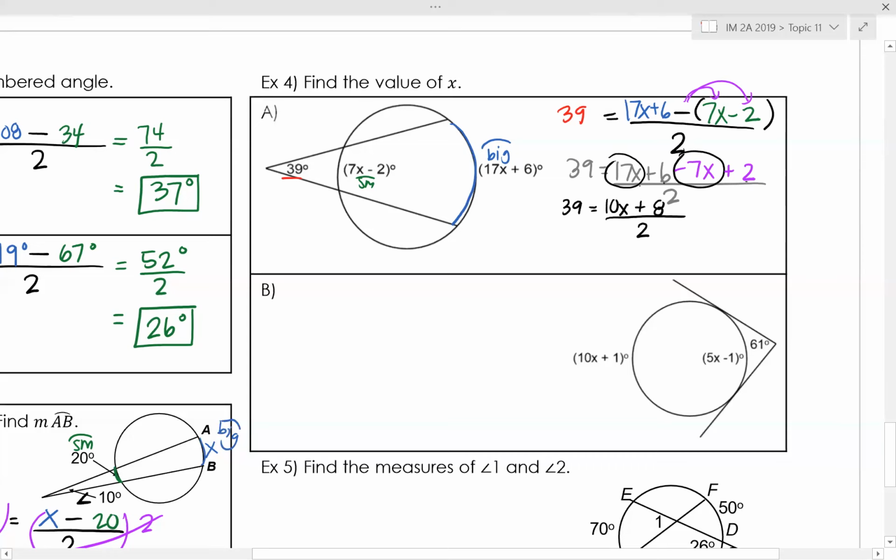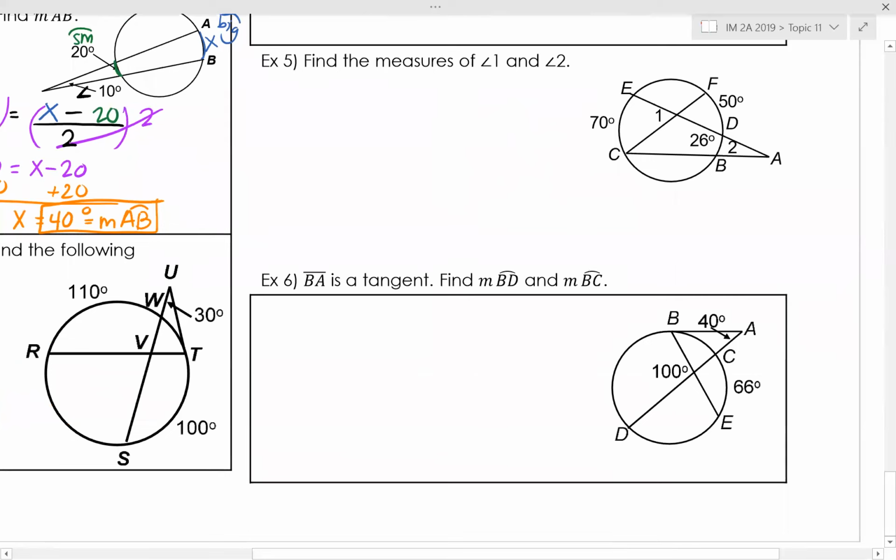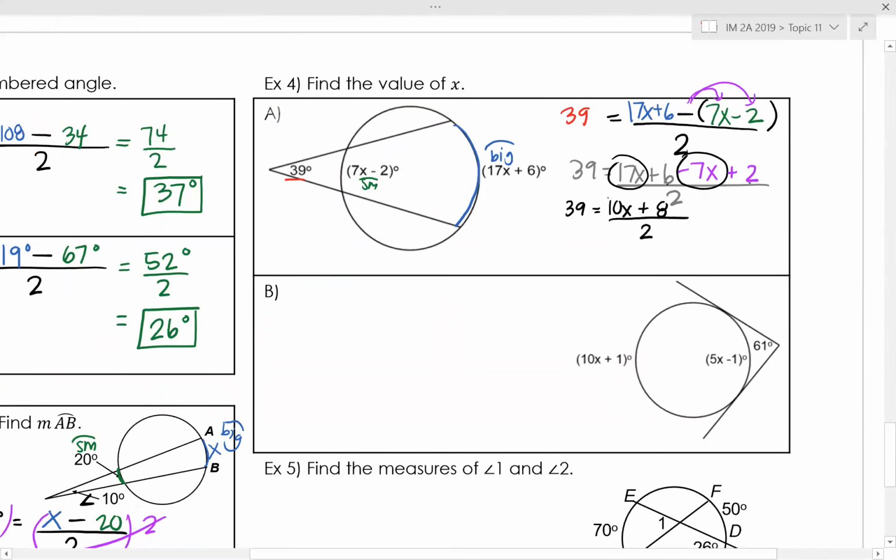So what I can do with this one that I couldn't do before: I multiplied by 2 over here because of this x. I can't divide x by 2. I'd still have a fraction. For this one, though, I can divide both of these by 2. So what I can do instead of having to multiply both sides by 2 is I can divide.